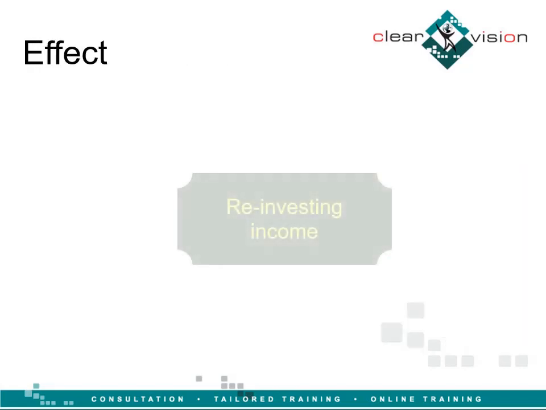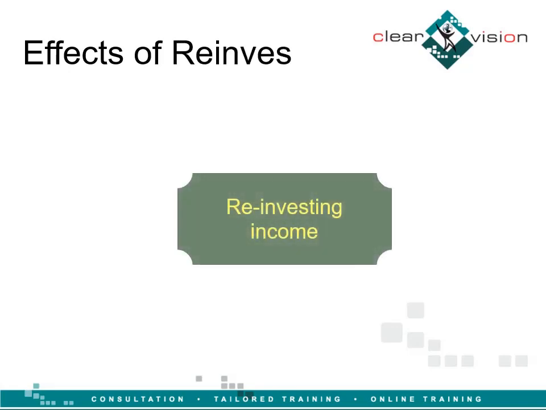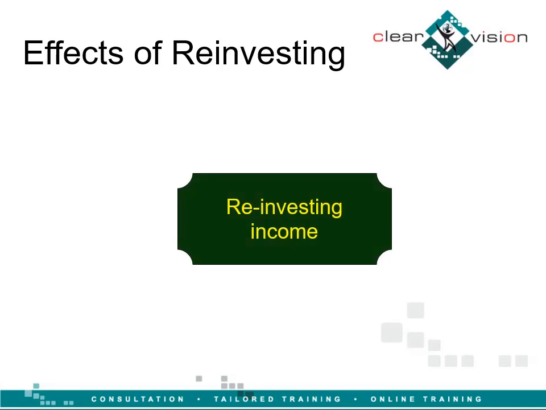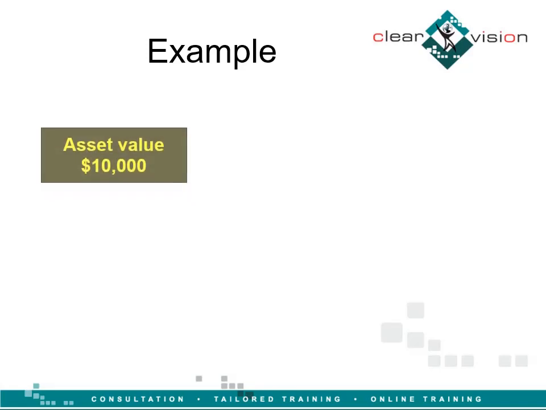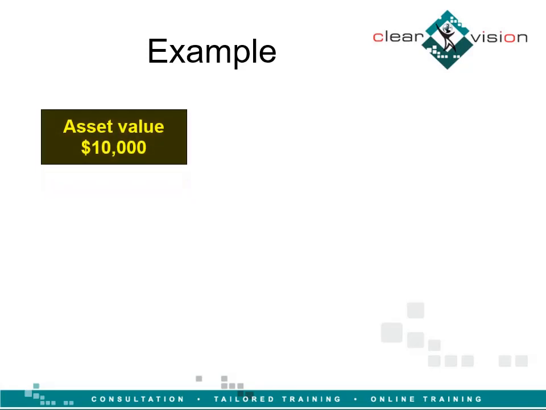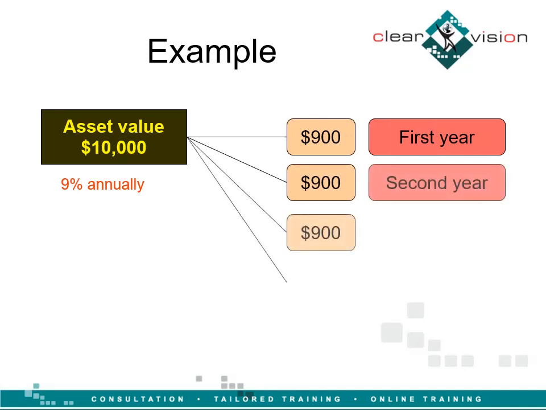Most investors, especially long-term investors, don't take a periodic income but rather reinvest the income. To explain that, let's take this example. Let's assume we have an asset or bond with a value of $10,000 that pays an annual interest rate of 9%, which means $900 per year.